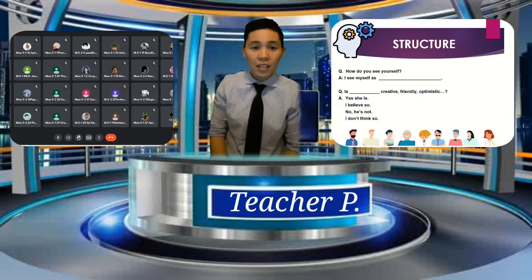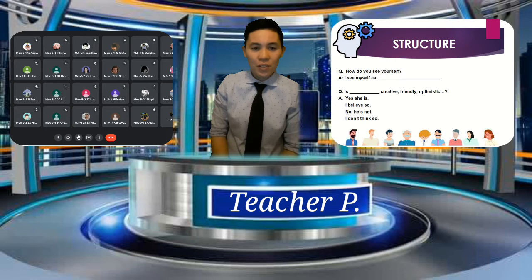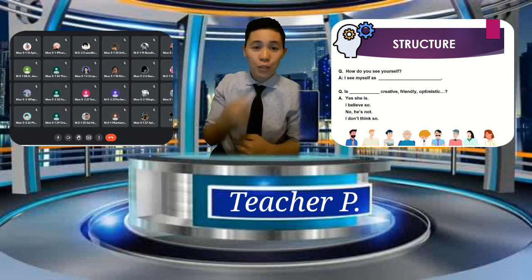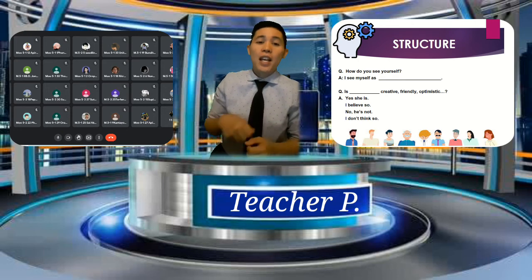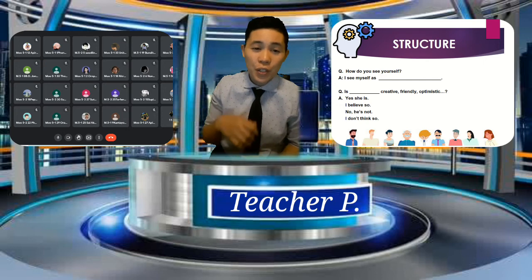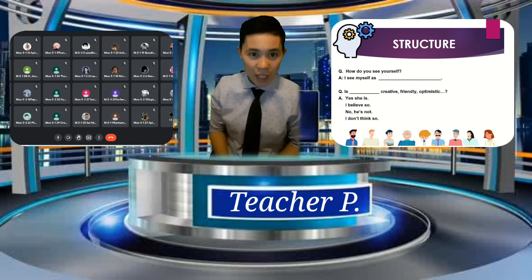No, she's not. Is Stamp friendly? I don't think so. Alright, so that is our structure, and I hope that you will be able to converse, especially using our vocabulary, and especially when describing your friend's personality.